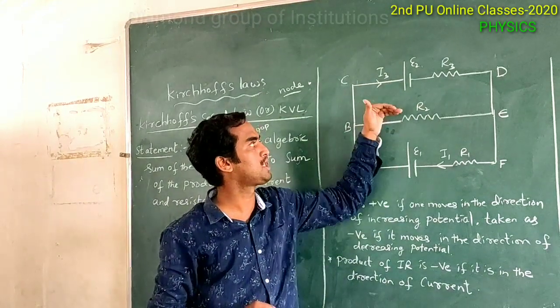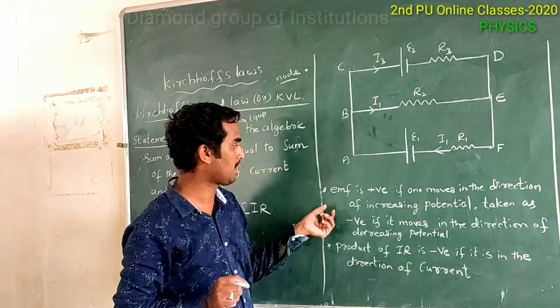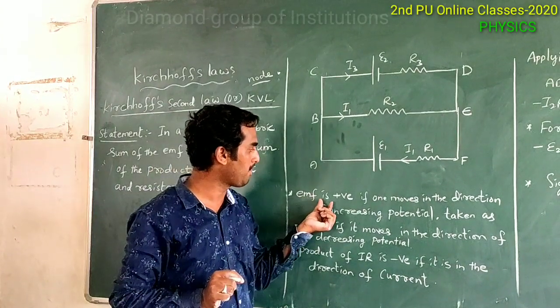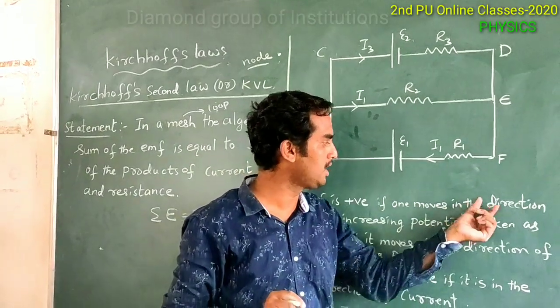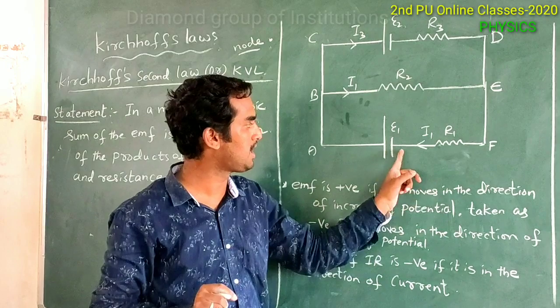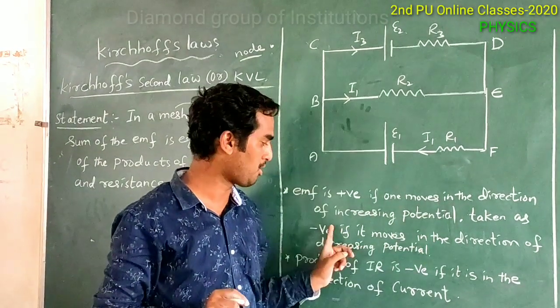Before discussing Kirchhoff's voltage law, there are two important rules we are going to see here. See the point, EMF is taken as positive if it moves in the direction of increasing potential. Increasing potential means negative to positive, and it is taken as positive.